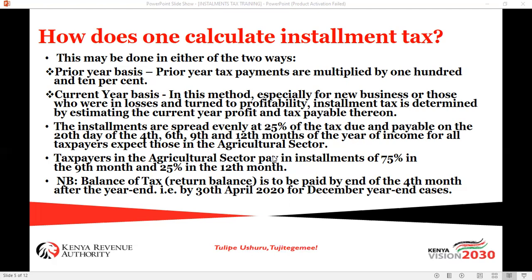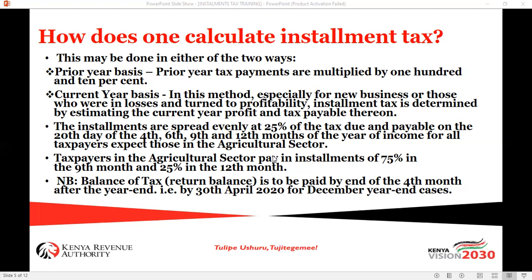Hapo tumeelewana? I was asked to populate a return, but I didn't take time to understand if it was a company. It was like a company, but it was being done before June. I didn't understand why.